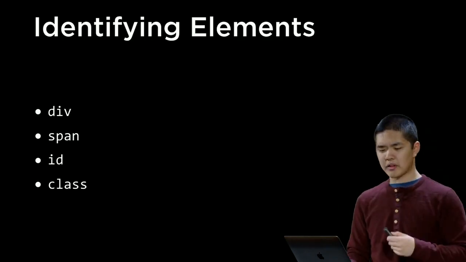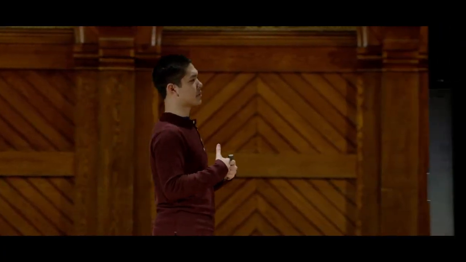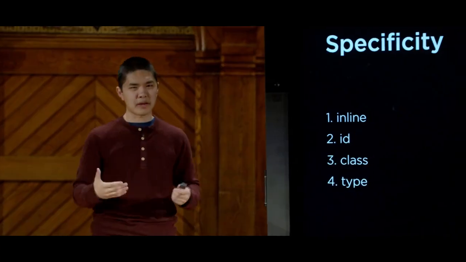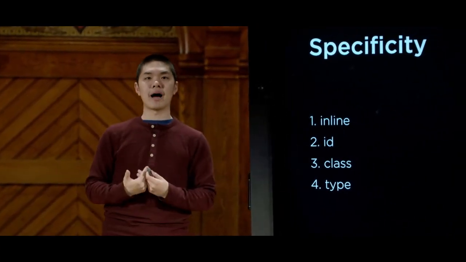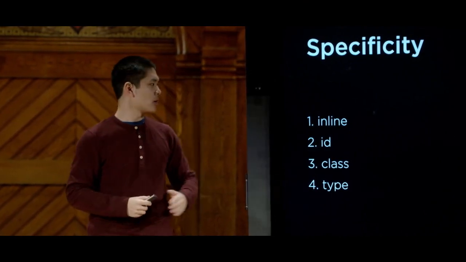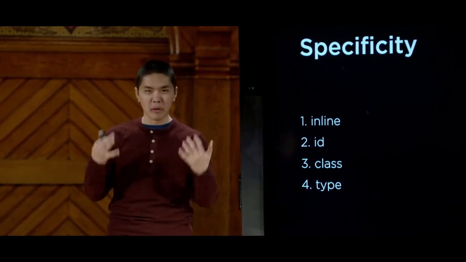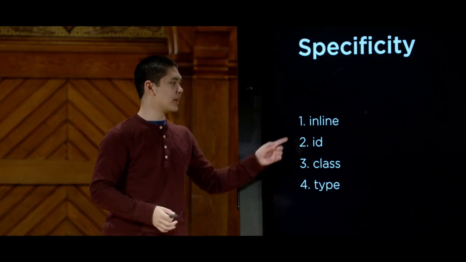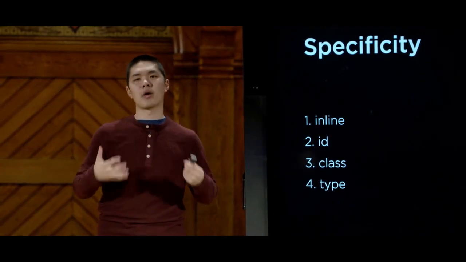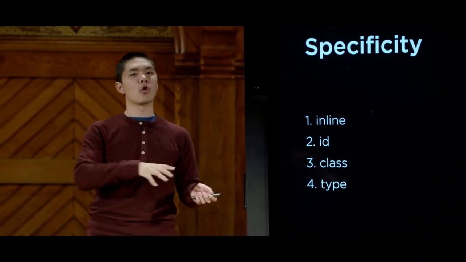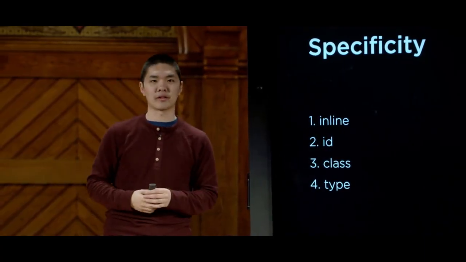And this often happens when we start to add IDs and classes to our elements as well. Specificity goes in a particular order. There's an order of precedence that we can follow for determining what style should ultimately be applied to any particular element. The first, most powerful, most specific way of referencing an element is inline styling, literally adding a style attribute to our HTML elements the way we did way at the beginning when we were first taking a look at CSS.